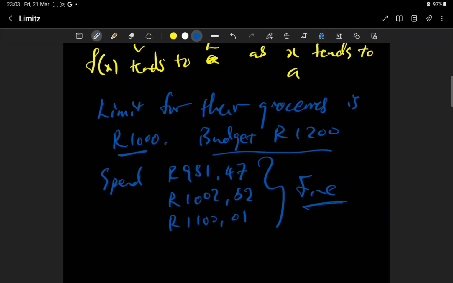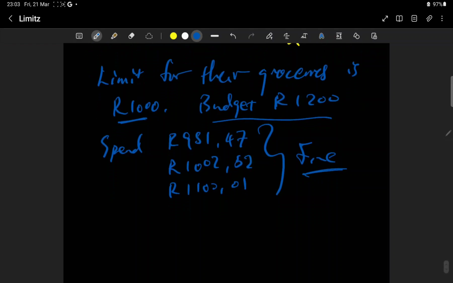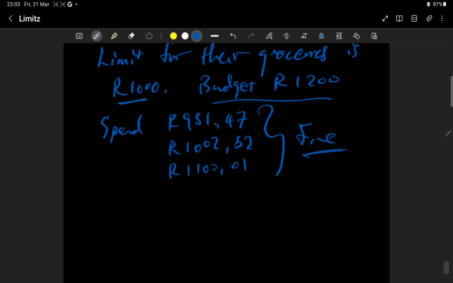When we say our limit is this much, we actually mean that if the number is at least closer to that limit, then we are still fine. All these numbers are closer to 1,000. If we let X represent spending, we can see that X tends to 1,000.